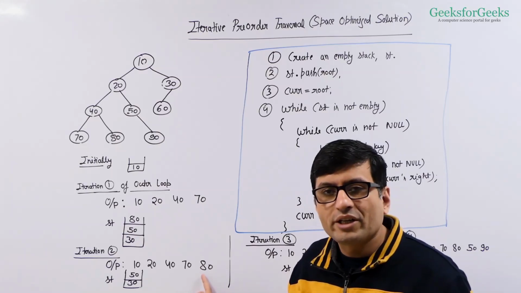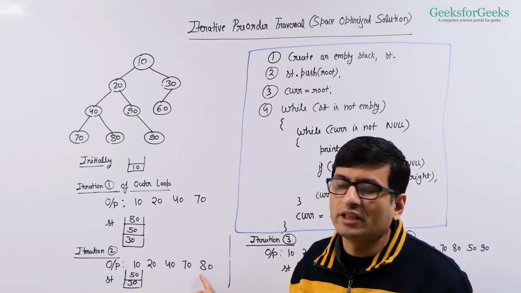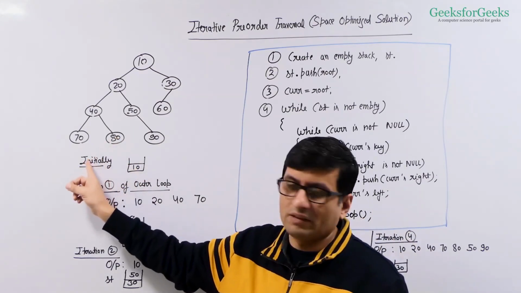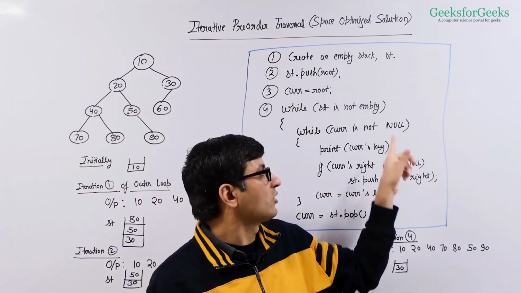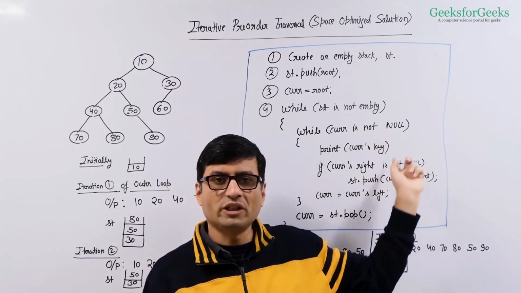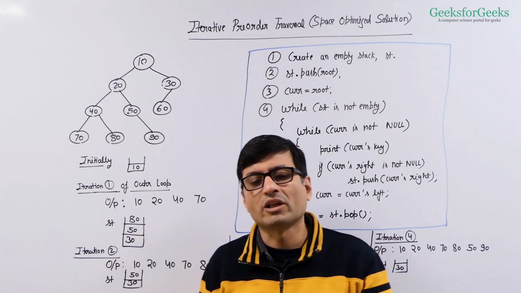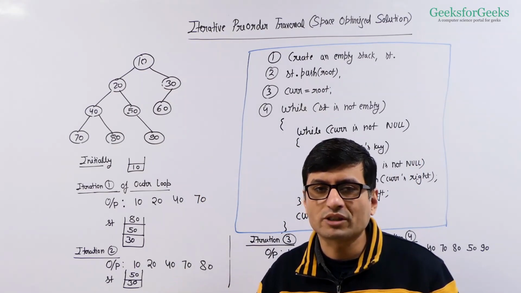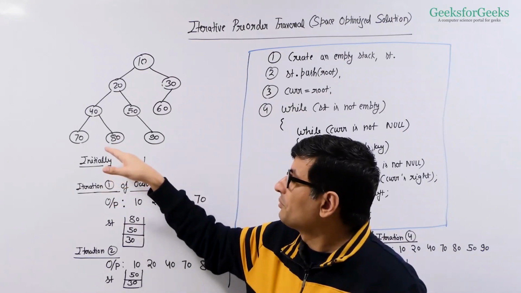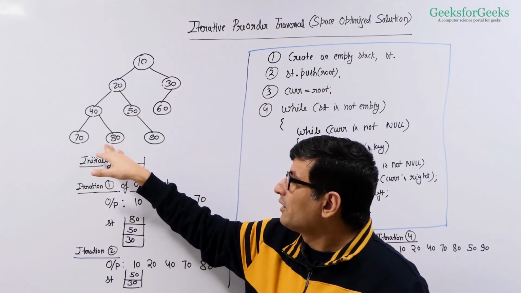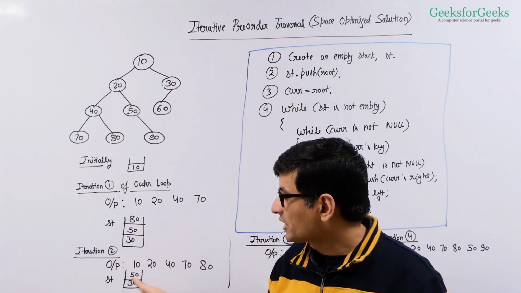We print 80 on the output screen, and then we see, does 80 contain any left side? Since 80 does not contain any left side, we do not go into this inner loop. Otherwise, we would have gone into the inner loop. So 80 is printed, then we take out the next item from the stack.